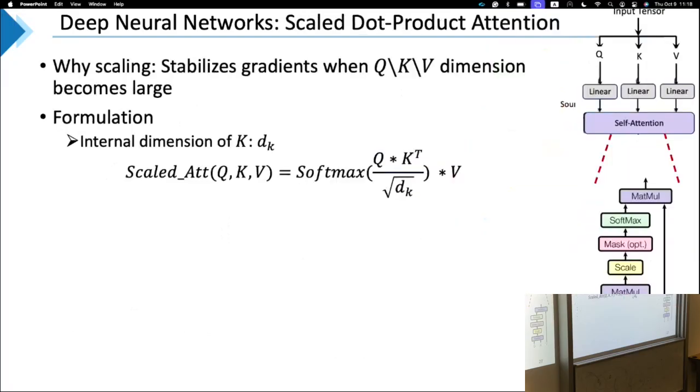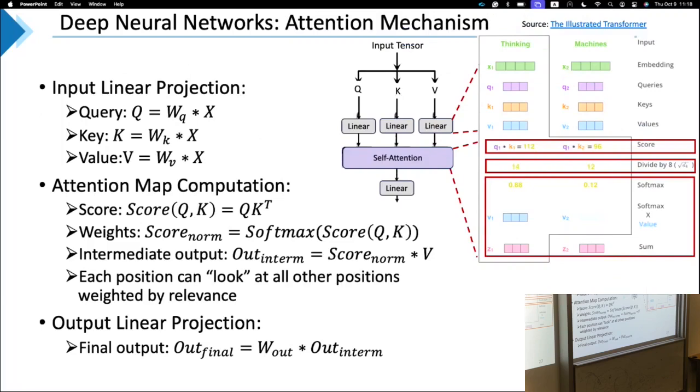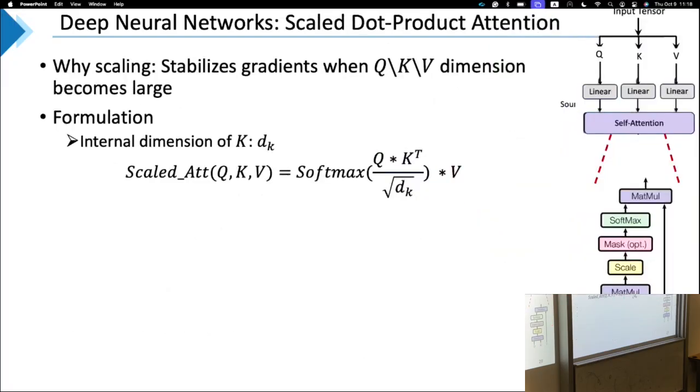At the end, we have another layer, called the output projection, which projects the hidden vector back to the same dimension as the input tensor. In this way we can stack multiple layers together without worrying about different dimensions among different layers.